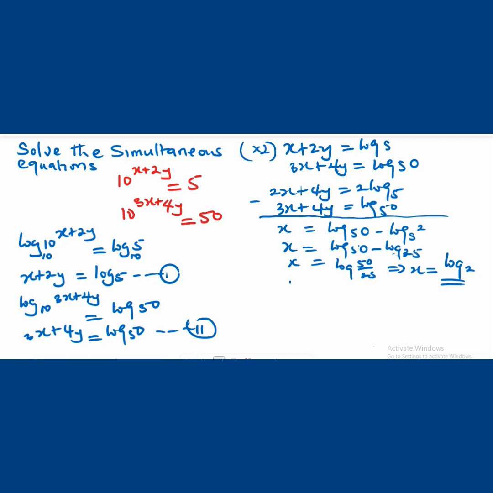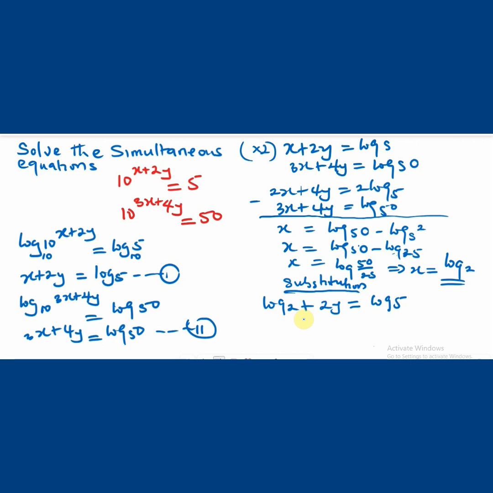So x is log 2 already, I got it. Log 2 plus 2y is equal to log 5.